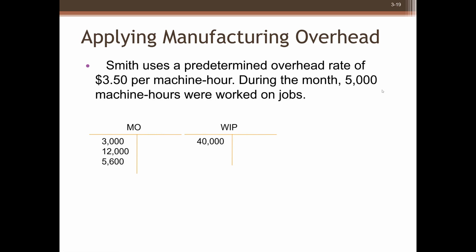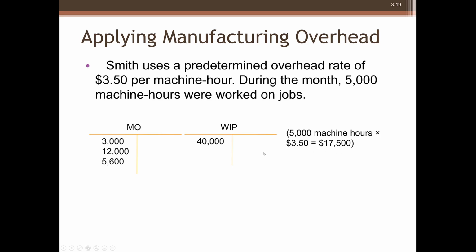The allocation base here is machine hours. So 3.50 multiplied by 5,000, and you will get 17,500. This is applied MO cost.